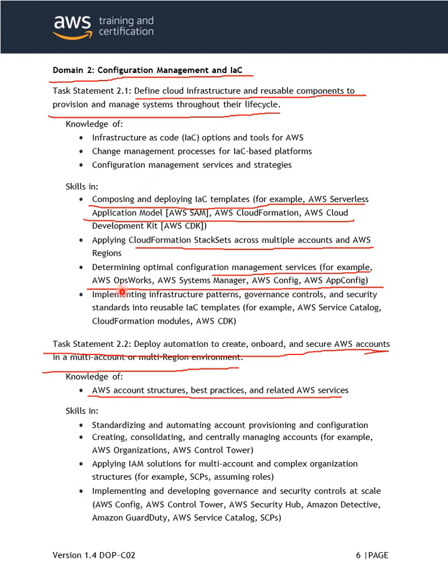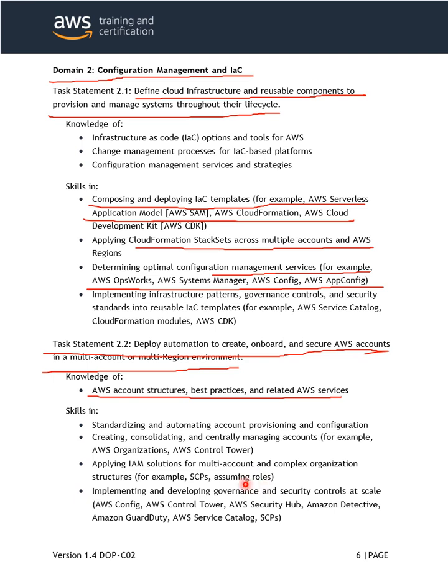Person should understand. Task 2.2, deploy automation to create, onboard and secure AWS accounts in a multi-account or multi-region environment. Require knowledge of account structure, skills in standardizing and automating account provisioning and configuring, creating, consolidating, and managing accounts.